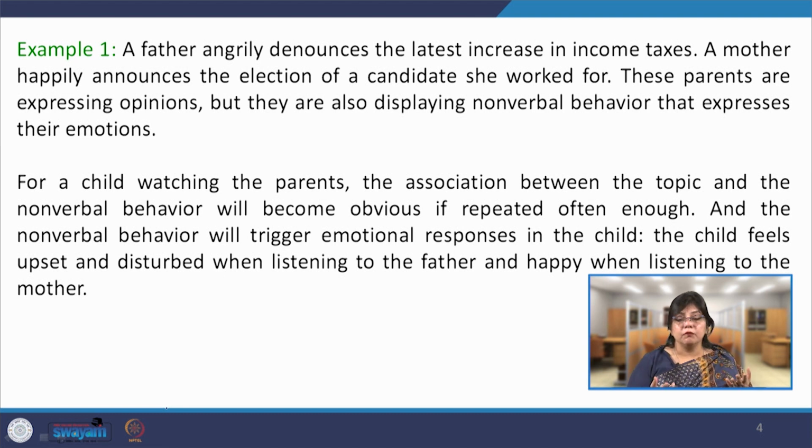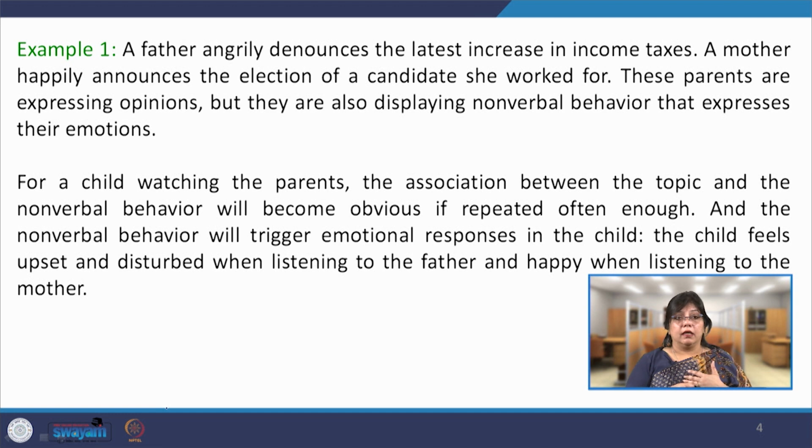Now, what can be the emotion? If the father is not happy with the news that the income tax has been increased, then definitely there has to be a frowning expression on the face, or anger on the face. Whereas on the face of the mother, the emotions are happy, the mother is delighted, the eyes are dilated, and there is so much of a smile on the mother's face.